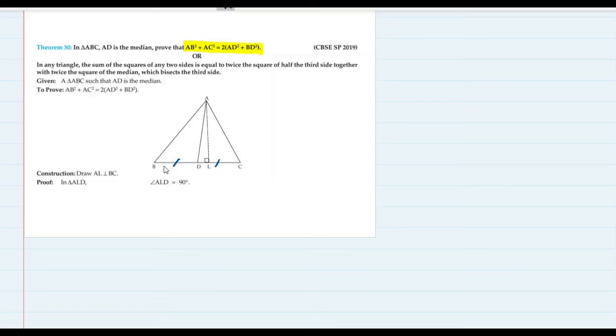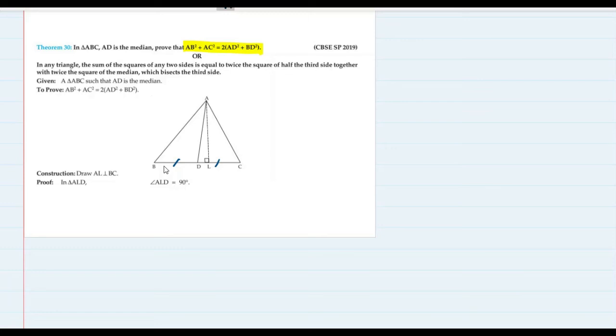So we have to make a right angle, because without making a right angle, you cannot start with the proof, right? So you must make a right angle triangle and then start with the proof. So what you need to do is draw AL perpendicular to BC.